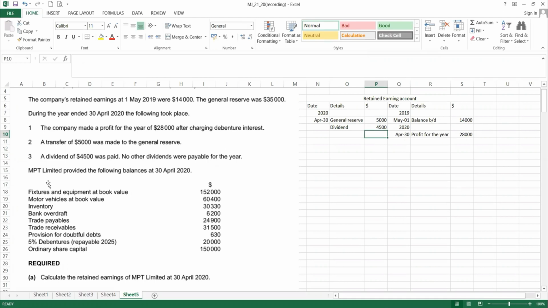Okay, now next, is there anything else in the question? Okay, no more. So we can start to calculate the balance carried out.